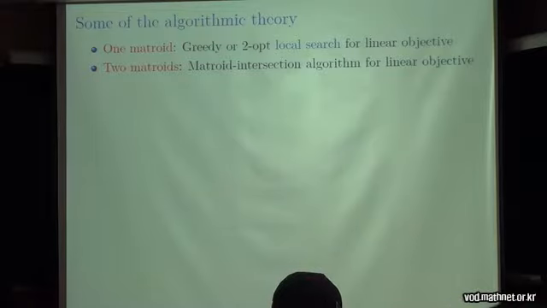So these are well-known problems and algorithms in matroid optimization that are kind of classical, that date back. The first one dates back, in some sense, to the 1930s, in another sense, even further back. If you look at spanning trees, the first algorithm was by, I think, a Czech electrical engineer named Borůvka.